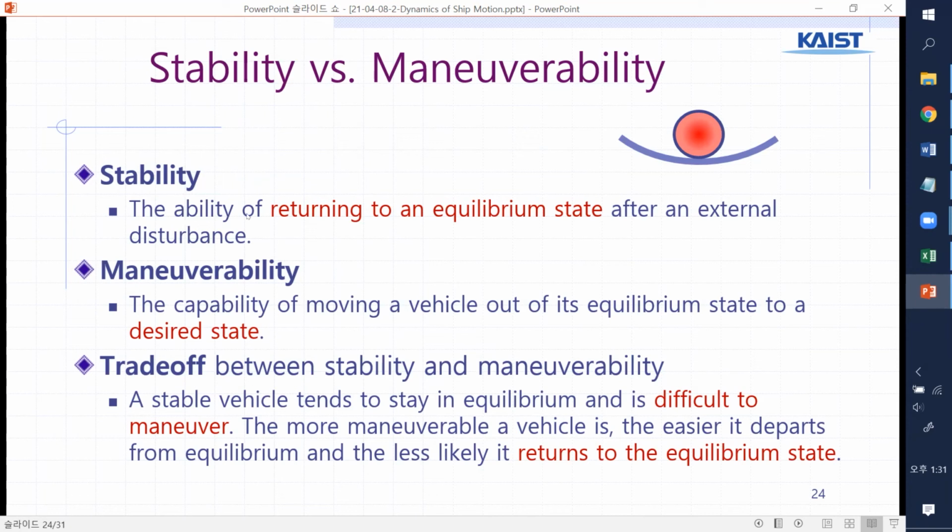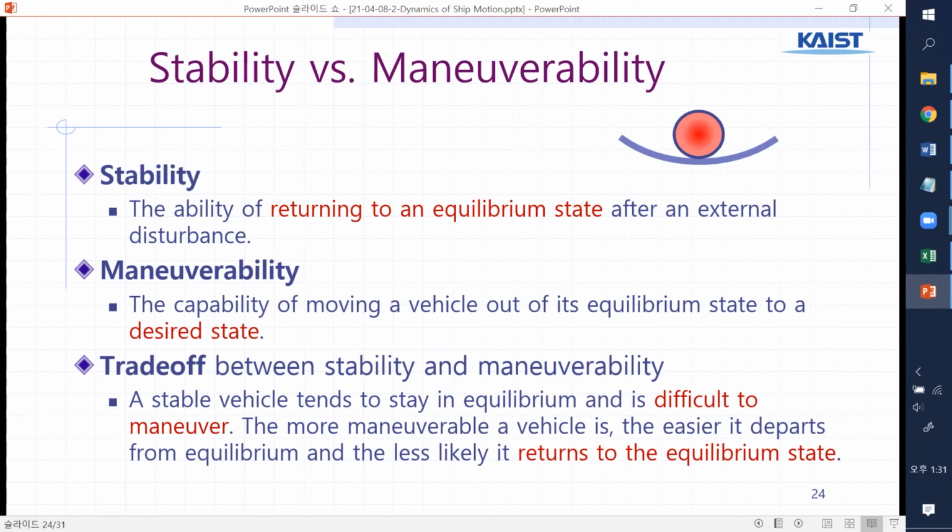This was already shown, but maneuverability means the reverse way: the capability of moving a vehicle out of its equilibrium state to a desired state. So something like good turning capability we call maneuverability.